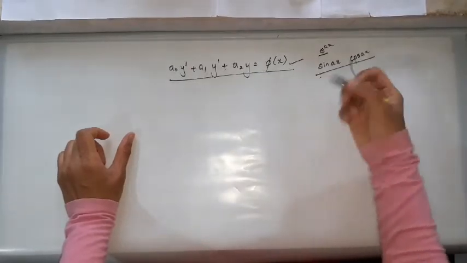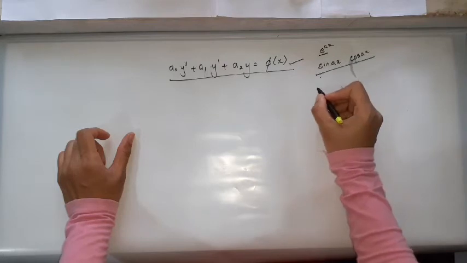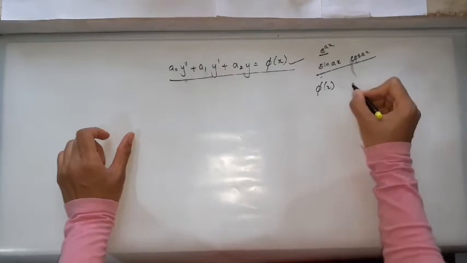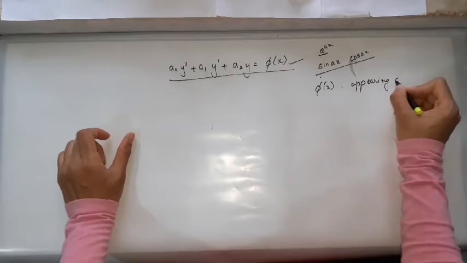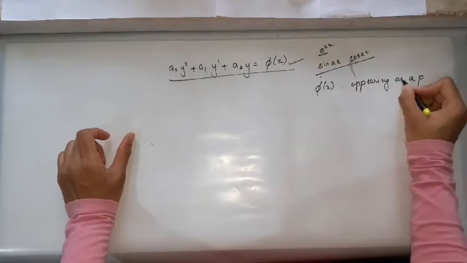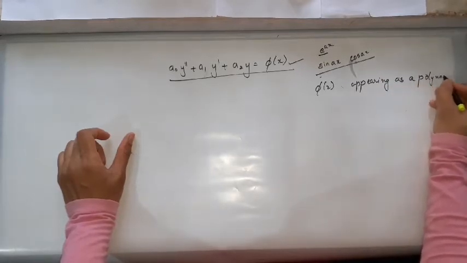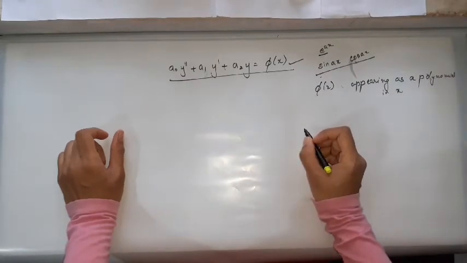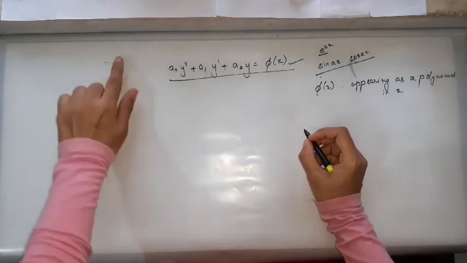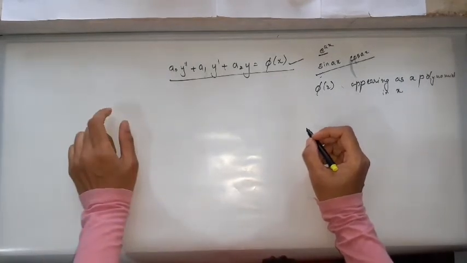Now, coming to the third type, wherein phi of x appears as a polynomial in x. I will directly start with the problems.